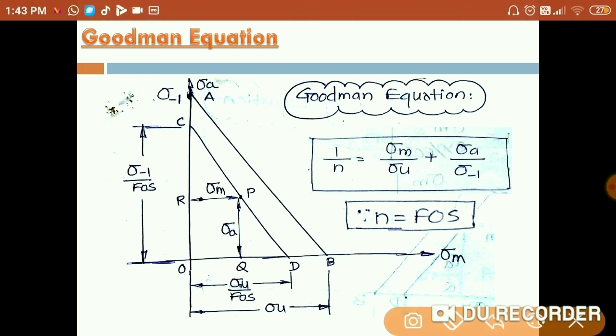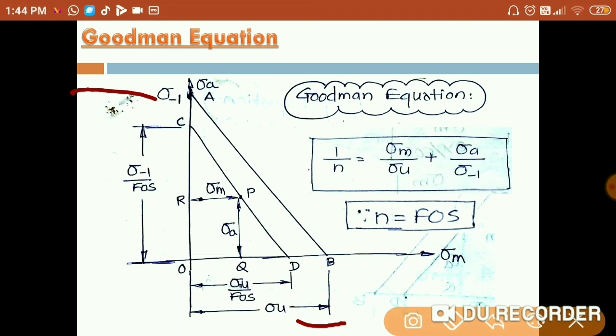The straight line AB connecting endurance limit and ultimate strength follows the suggestion given by Goodman.